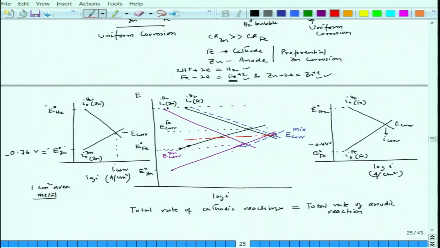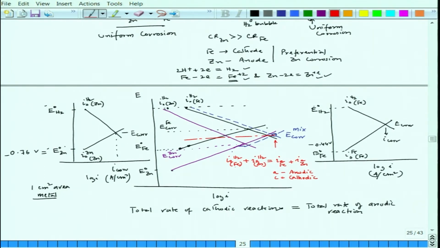At this point you have I on iron surface for hydrogen reduction plus I on zinc surface for hydrogen reduction equal to I of iron plus I of zinc, and here it is A. I am just putting A because A is anodic, and here I can put C. The C is cathodic.